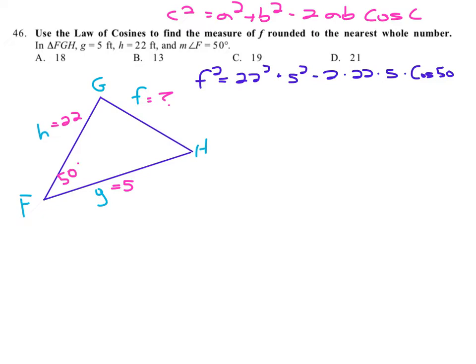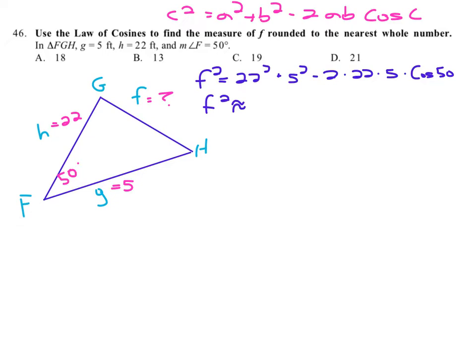Now, you might be sophisticated enough to realize that you can actually just type all that in your calculator. You can get F squared is approximately equal to, and I'm going to type that whole string of numbers in. There's nothing on the right hand side that we're finding. It's not like we have to find the angle, so we can just type it all in.